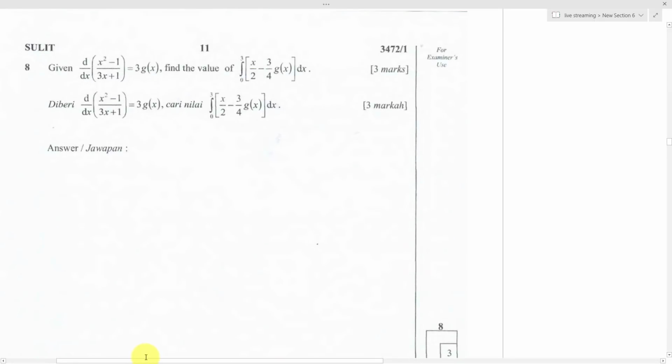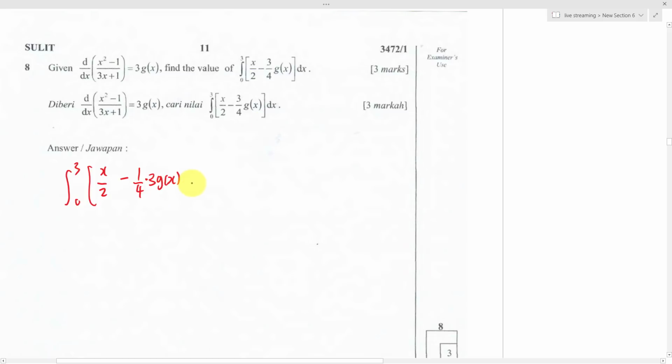Alright, this question, because they don't give you g(x), in fact you don't actually need to know g(x). So I will integrate from 0 to 3. For x over 2 minus 3 over 4 times g(x), I will split the 3 over 4 into 1 over 4 multiplied by 3g(x), because 1 over 4 times 3 is still 3 over 4.